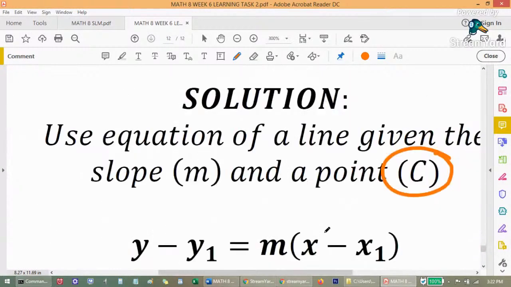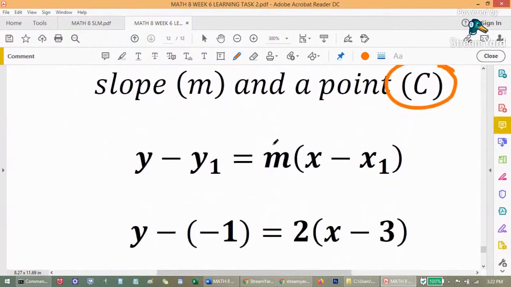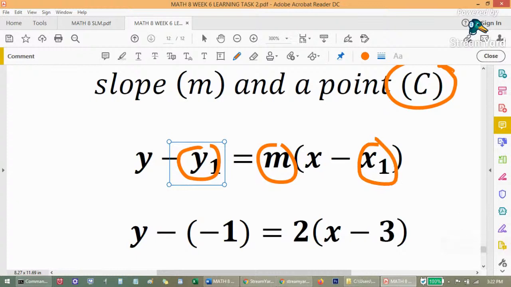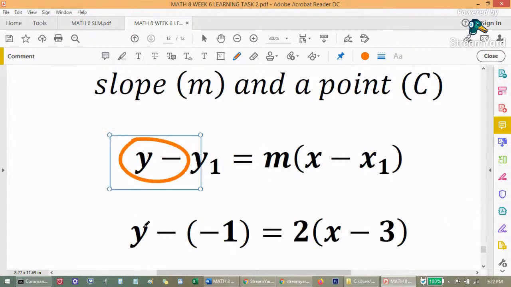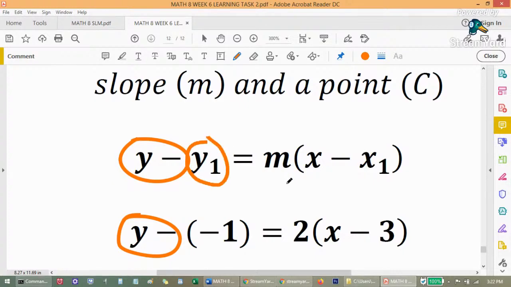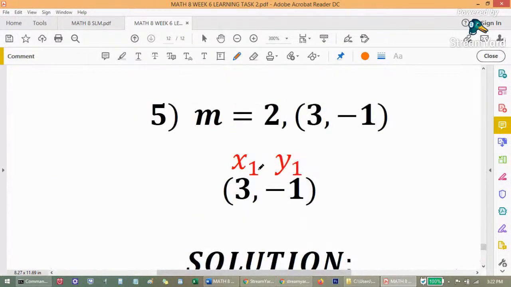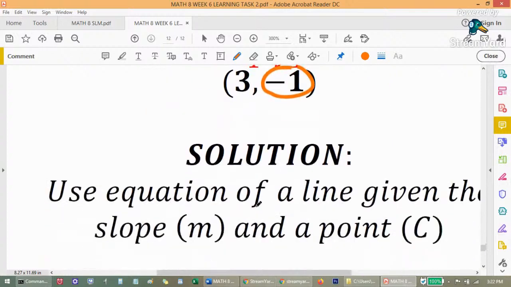So, ang gagawin lang natin is substitute lang natin to. So, copy natin y minus, and then ang ating y sub 1 is negative 1.